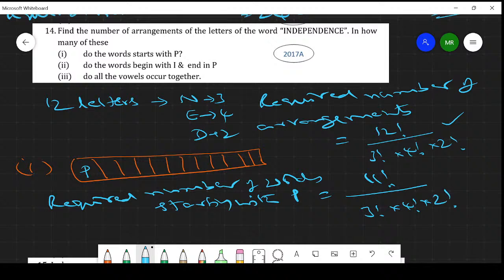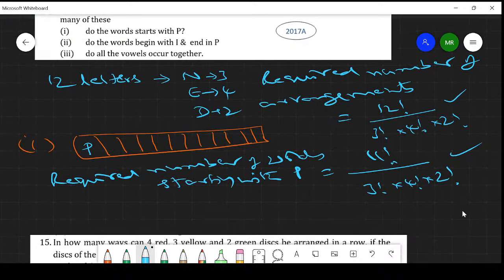This will be your answer for this. You simplify that. There is no need to waste the time. They are given 3 marks, which means you can write the answer like this.